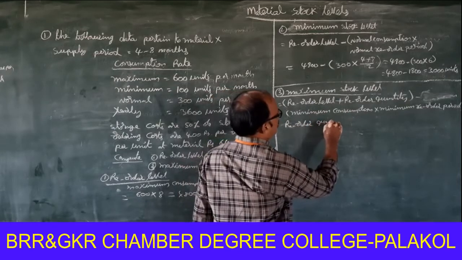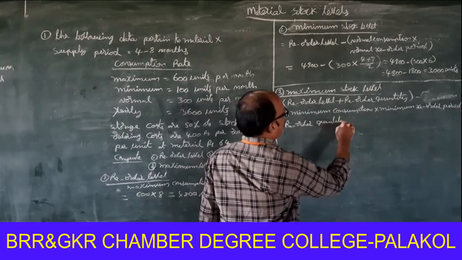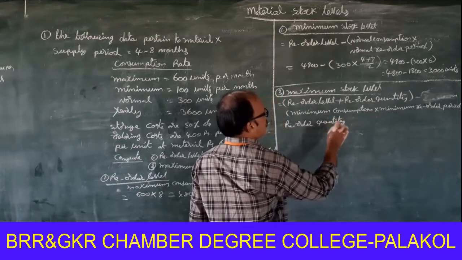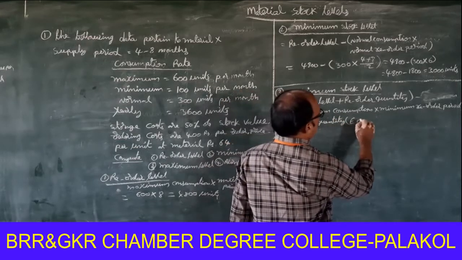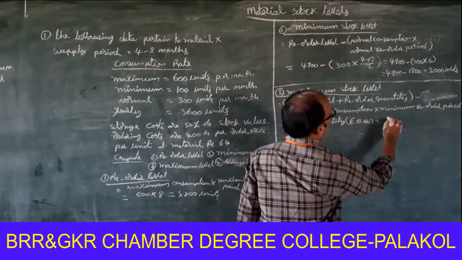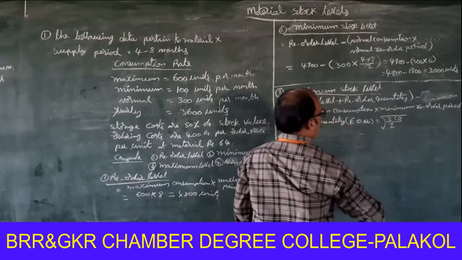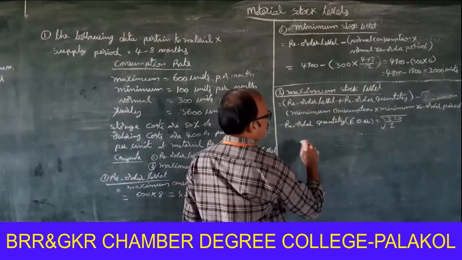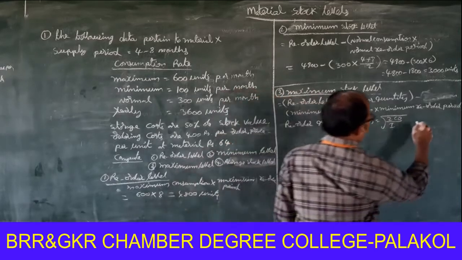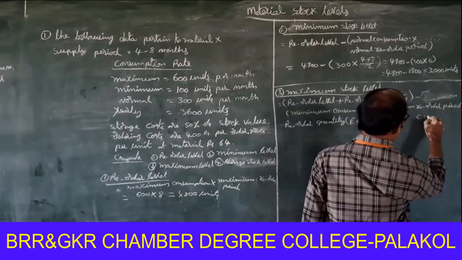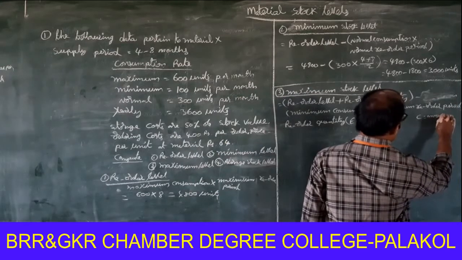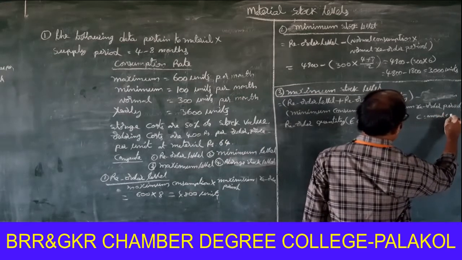Reorder quantity is EOQ, it is nothing but EOQ. EOQ is equal to root of 2CO by I. Right. C is equal to annual consumption.